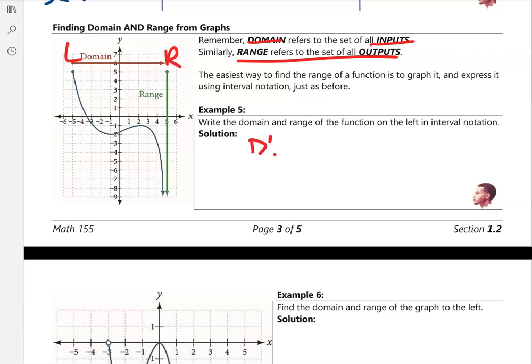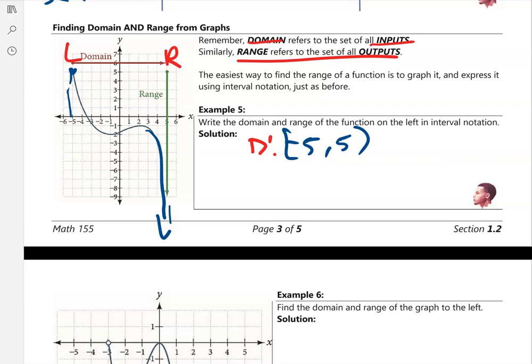The leftmost x is, yes, -5. You can see here, that's -5. There is a closed circle here, so that's why we have to use the bracket. And here the graph goes to the right, but it won't touch 5, so that is 5.